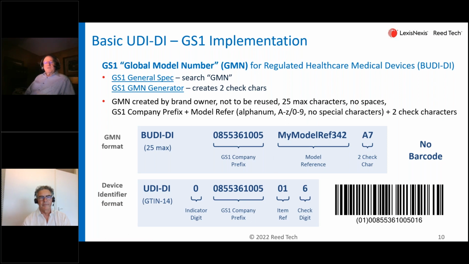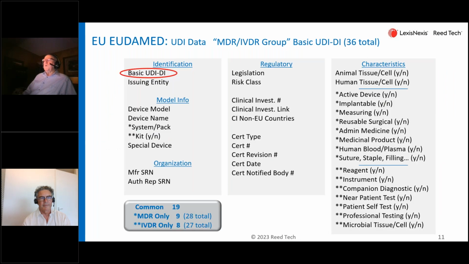Ron will talk a little bit about the data elements that are connected to the Basic UDI-DI. So we're not going to go through each item here, but there is a record that would be submitted into EUDAMED specifically at the basic UDI level. And that is the key field to identify all these characteristics.